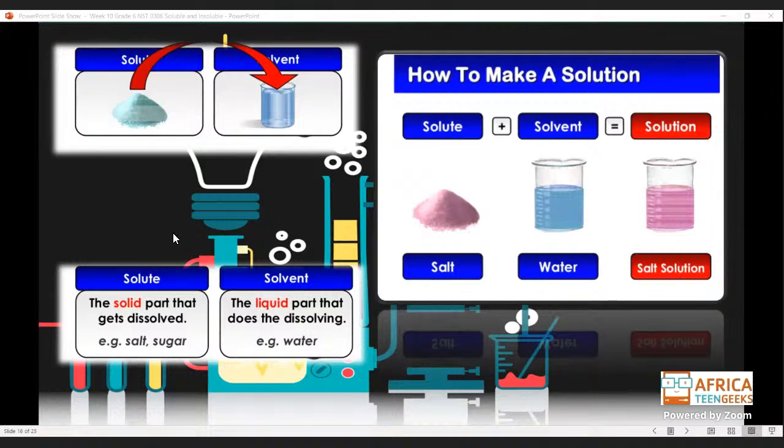Okay, and then the last thing we note is the liquid part, which is the solvent. Alrighty. Okay, so do we have that?